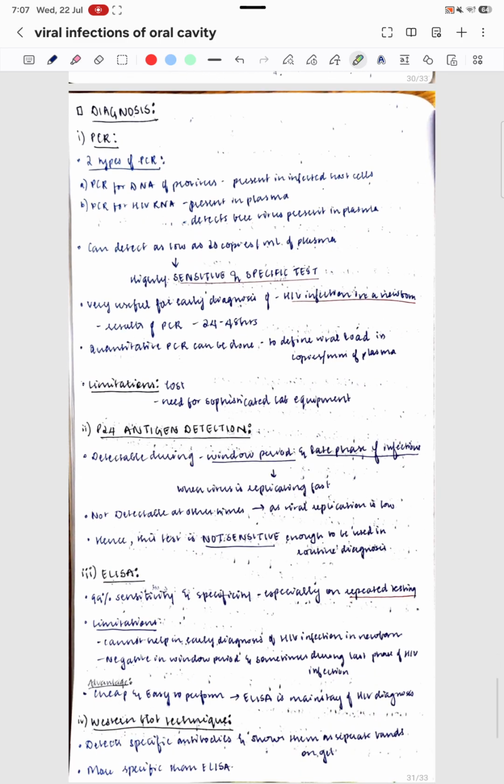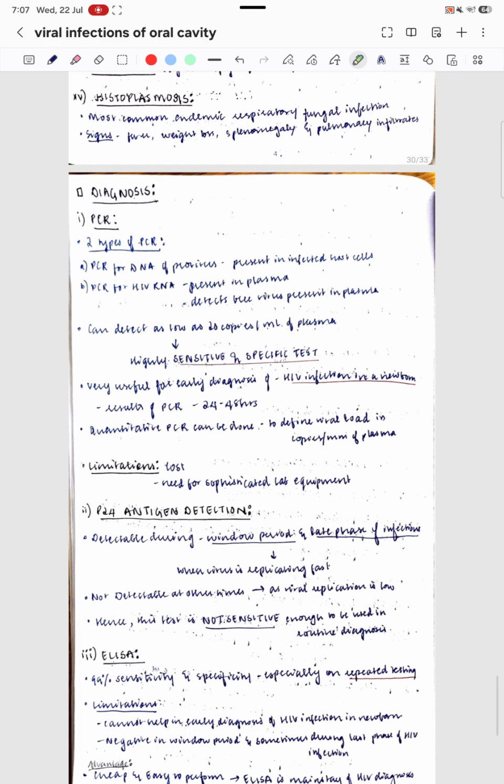I have spoken about this in the previous video as well, but briefly I'd like to tell you that PCR is a technique used. We use different types of PCRs, one for the DNA, one for the RNA. Those of you who don't know what PCR is, it is polymerase chain reaction test.